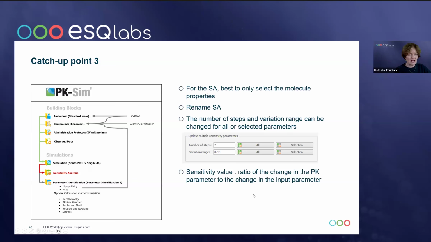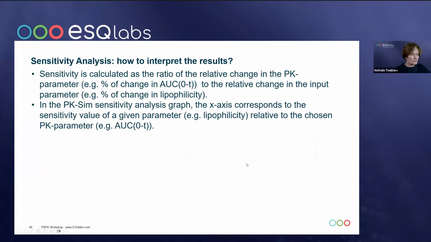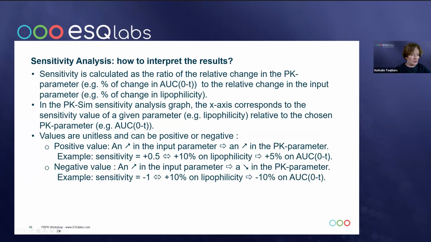And the sensitivity value is the ratio of the change in the PK parameter, so in our case, the AUC 0 to T, to the change in the input parameter. And again, it's what I discussed previously: the x-axis corresponds to the sensitivity value, and if we consider the lipophilicity, it's the change of a given parameter relative to the chosen PK parameter.